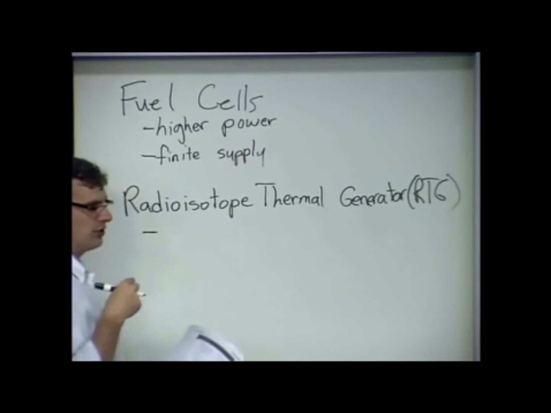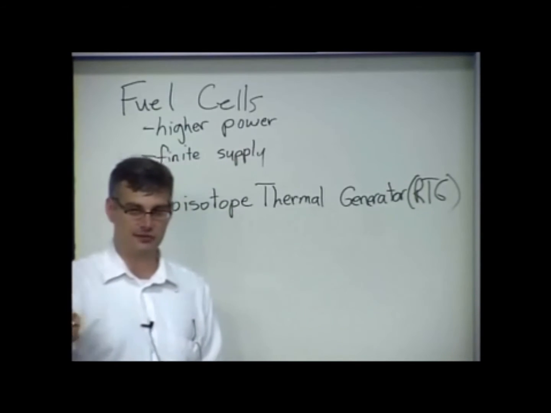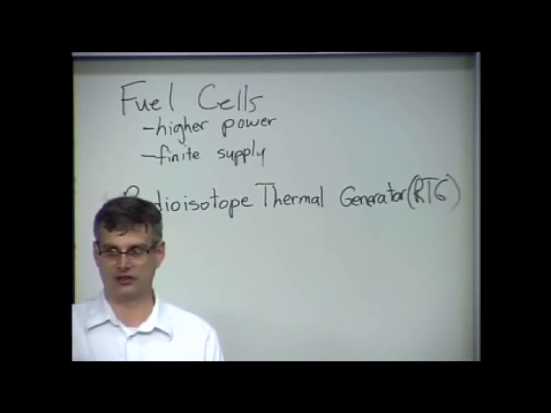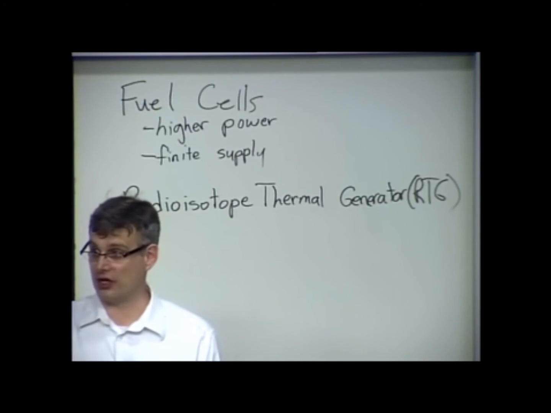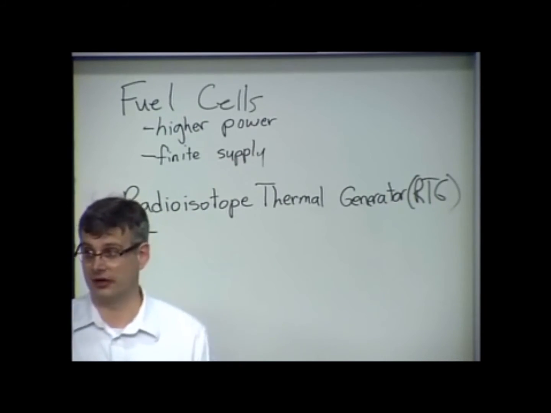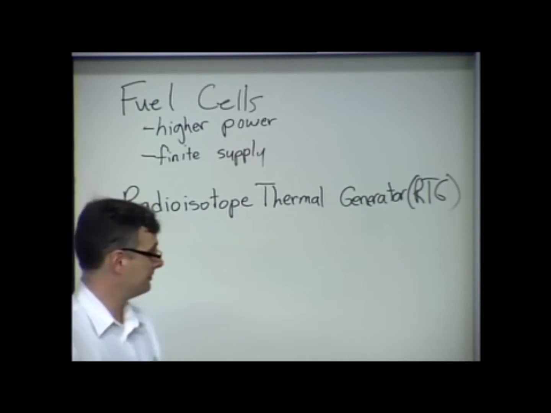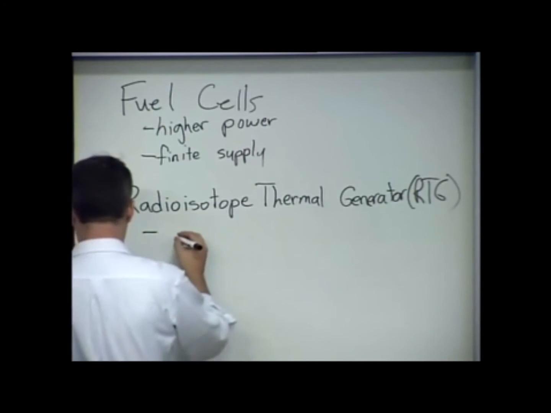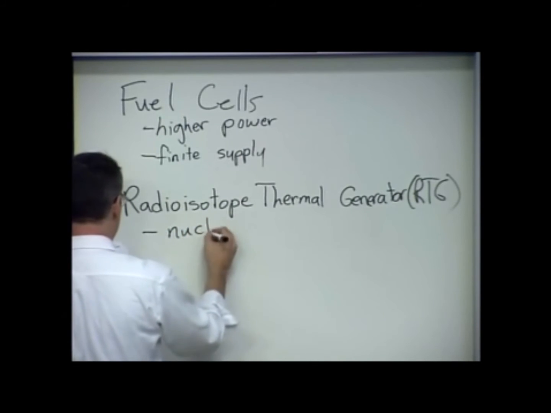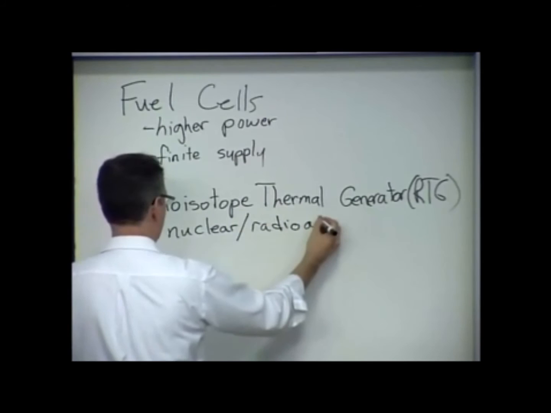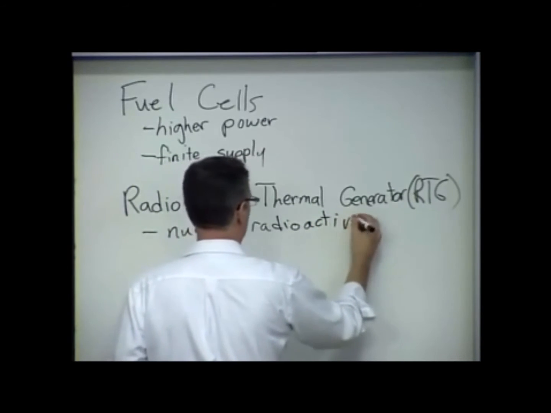And by choosing the amount and the type of the radioactive material, you can actually make a space mission that lasts for a very long time. The RTGs in Voyager, which was launched 40-some years ago, are still operating, and they're still actually powering communication systems to send signals back to Earth. It's 40 years later. So this is intrinsically a nuclear radioactive decay source.